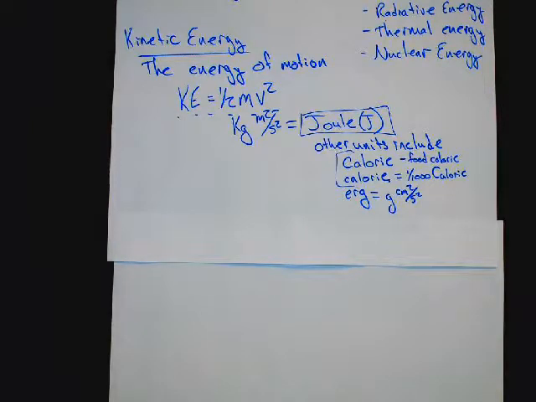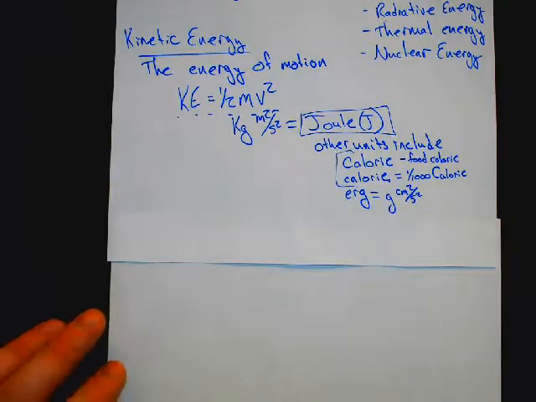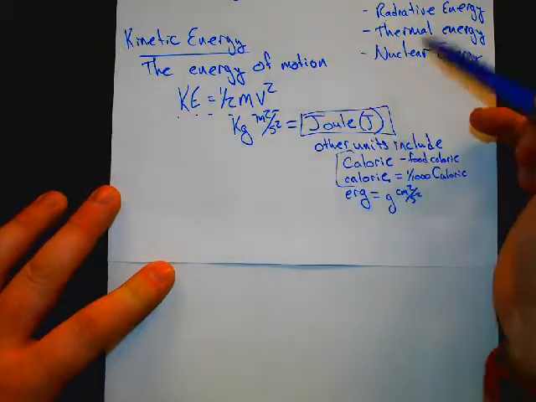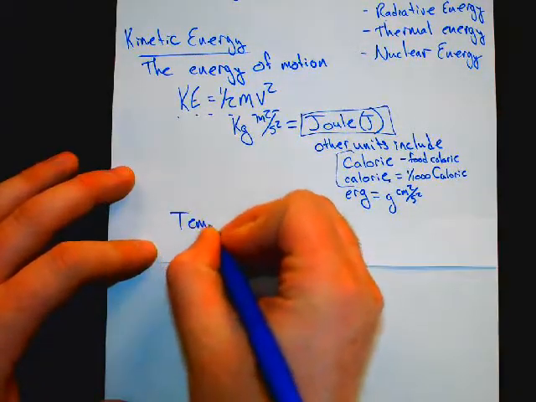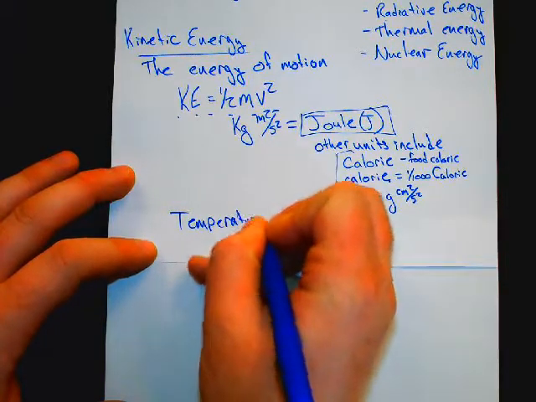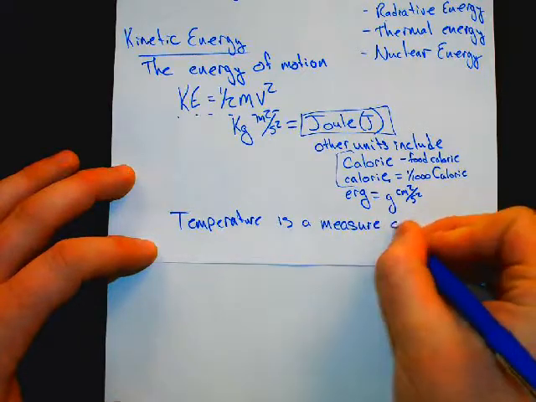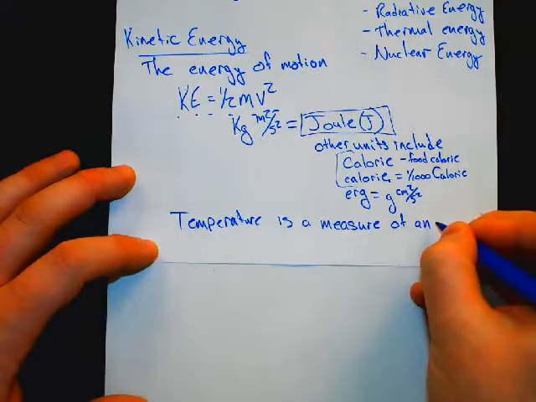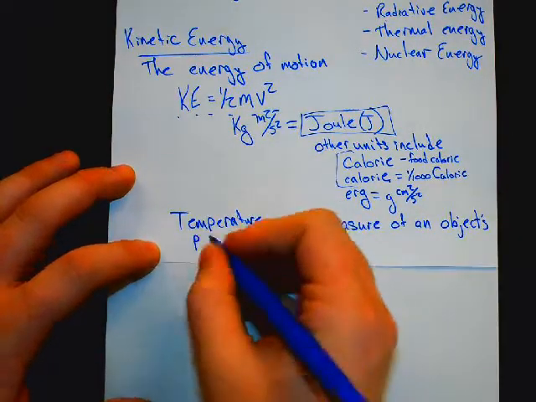And if an atom, or a molecule, had more mass, it moved slower than an atom or a molecule of less mass at the same temperature. Well, that should make sense to us because really, temperature is a measure of an object's particles' average kinetic energy.